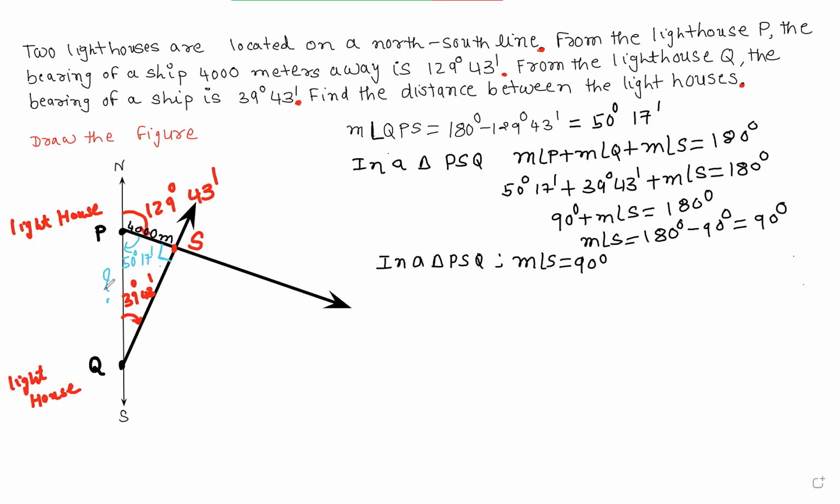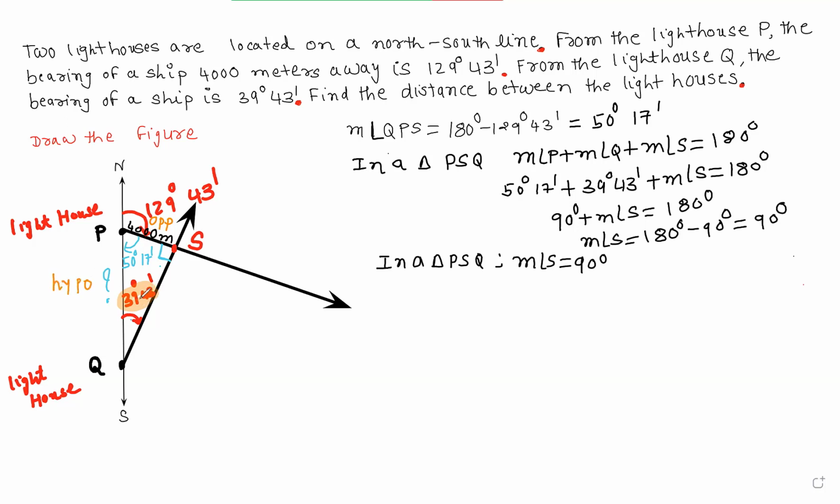Now we can use sine function or cosine function to find the hypotenuse. Why? Because sine and cosine functions involve the hypotenuse. Then if I use this particular angle, this would be my opposite side. So I can say this is my opposite and this is my hypotenuse.